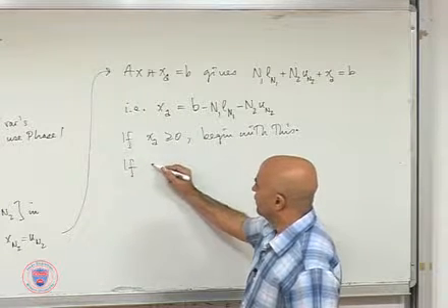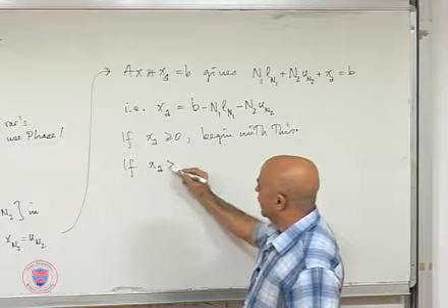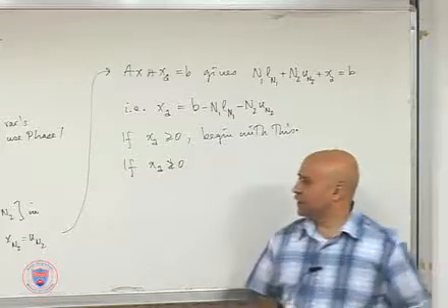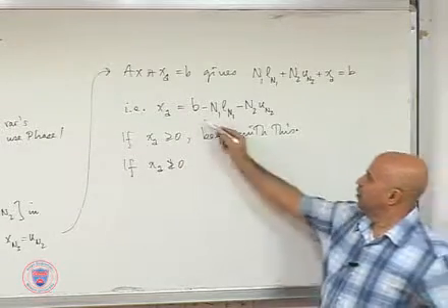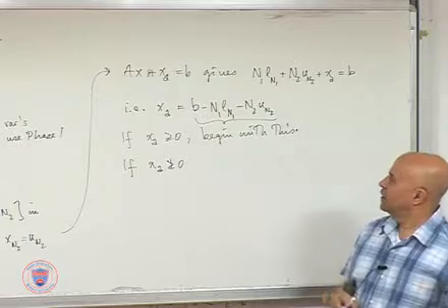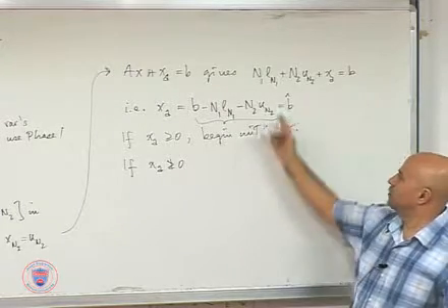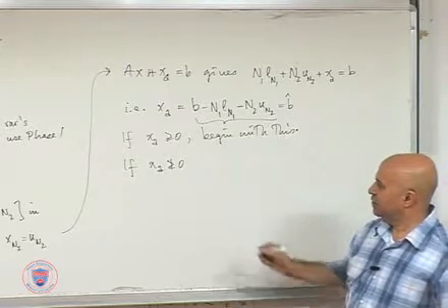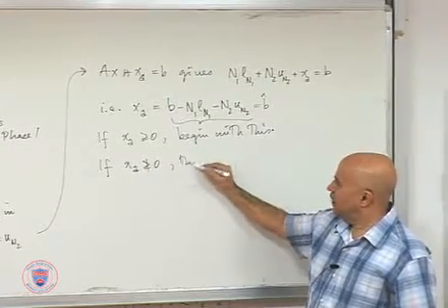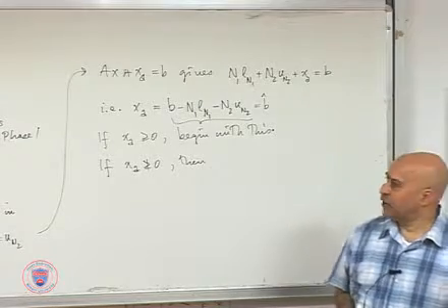If not, that means at least one component here, that's your b cap now, some component is negative. In that case, what do you do?